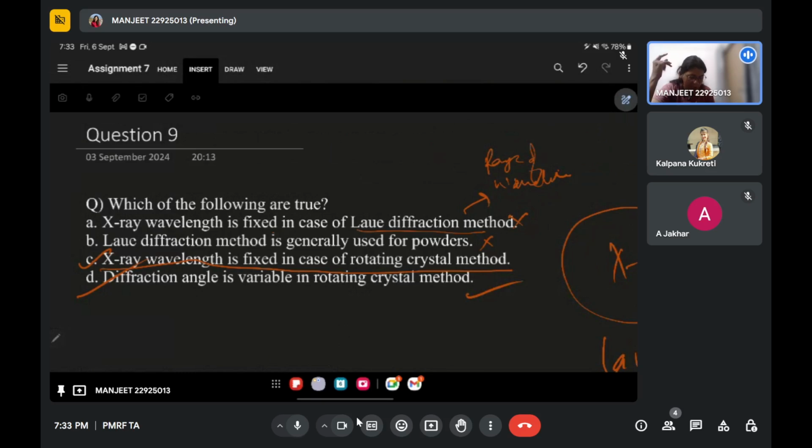The Laue method uses a range of wavelengths, but in the rotating crystal method the wavelength is not a range, it is only monochromatic, but the crystal is rotating, and we get different diffraction patterns at different angles and from different diffracting planes.